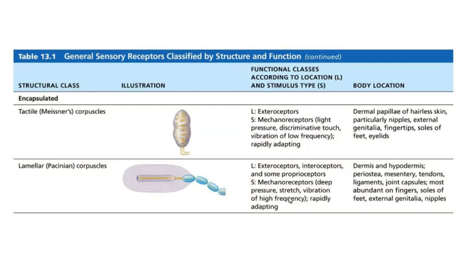These corpuscles resemble a cut onion in cross-section, with multiple layers of overlapping connective tissue surrounding a sensory neuron. They are generally located deeper within the dermis, in the reticular dermis, and even in part of the hypodermis as well. But recall that the hypodermis is not part of the integumentary system as a whole.